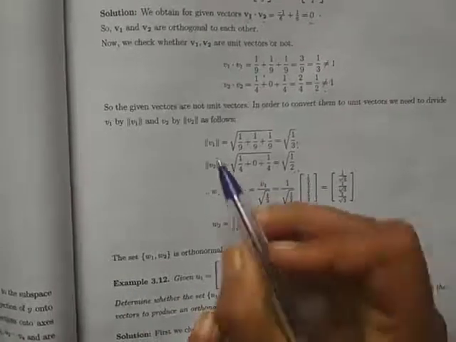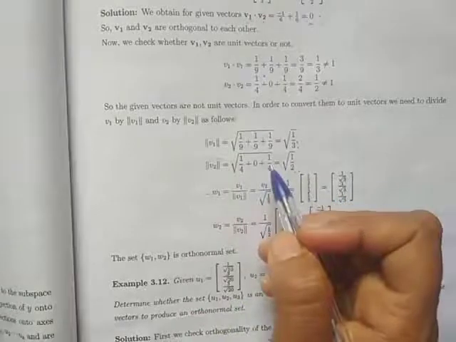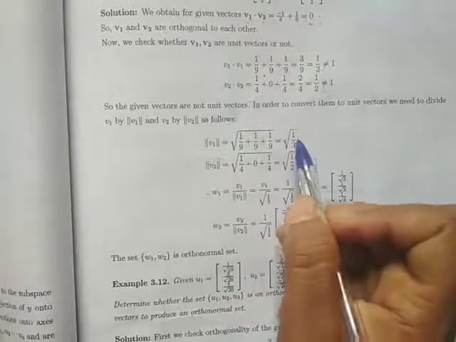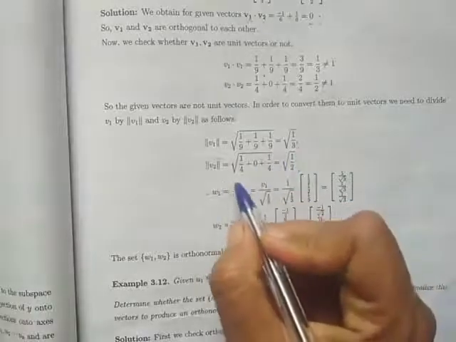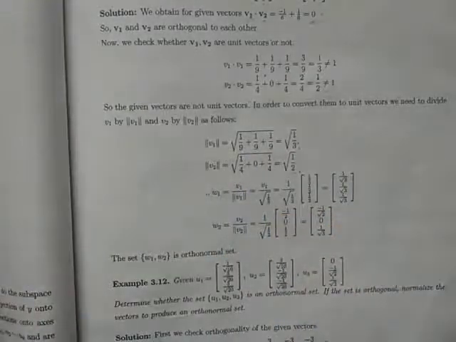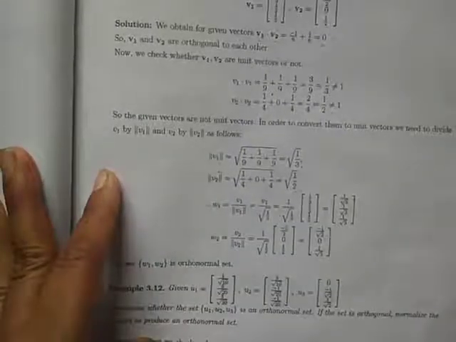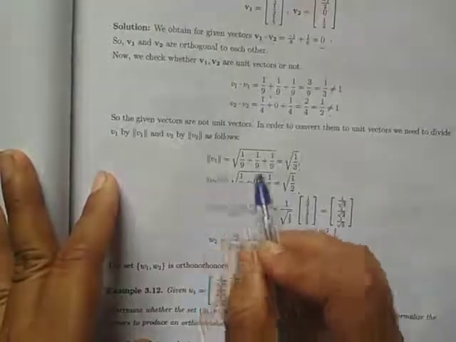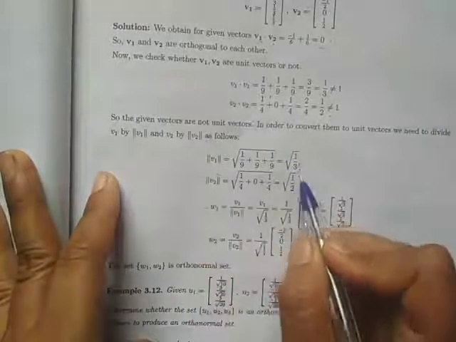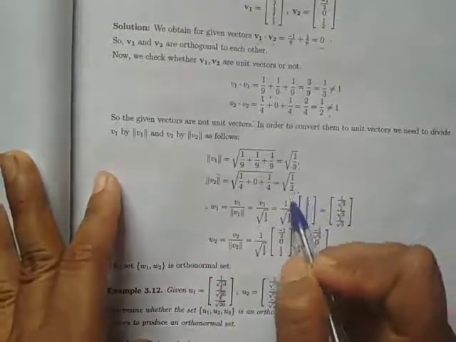So norm of V1 is equal to under root of 1 by 3. Norm of V2 is equal to under root of 1 by 2.